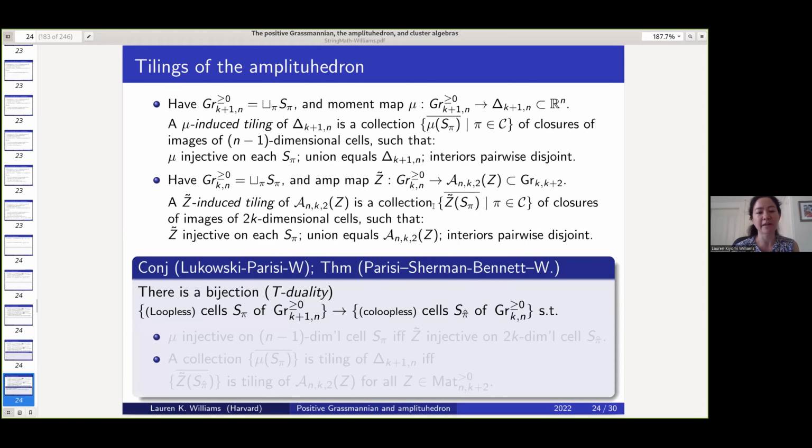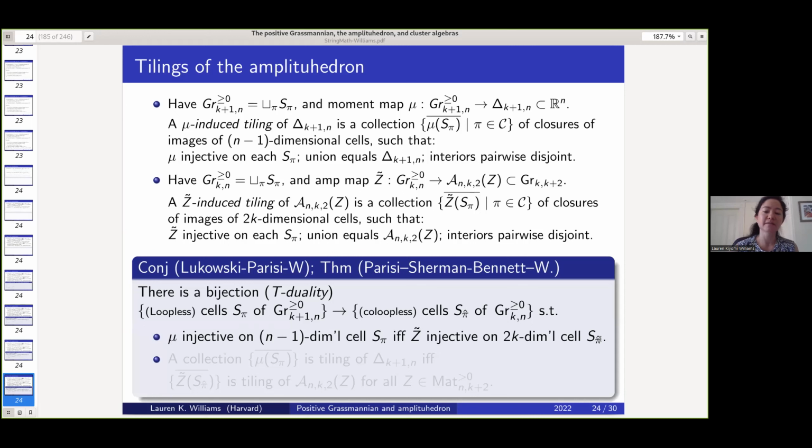What we discovered with Lukowski and Parisi and proved with Parisi and Sherman-Bennett is that there's a bijection we call T-duality between cells of the positive Grassmannian of k+1 planes in n space and cells of the Grassmannian of k planes in n space, such that the moment map is injective on an n-1 dimensional cell S pi if and only if Z tilde is injective on the corresponding 2k dimensional cell S pi half.